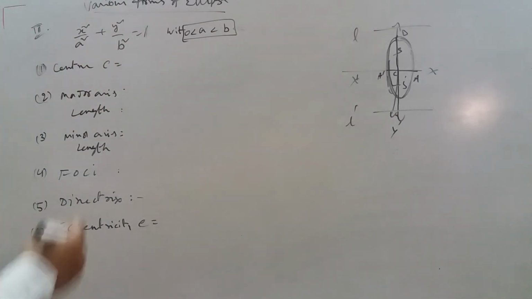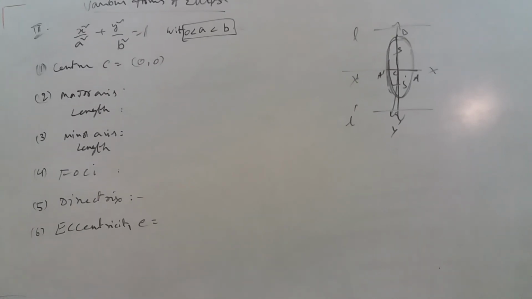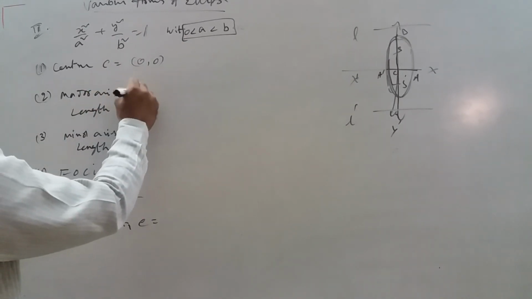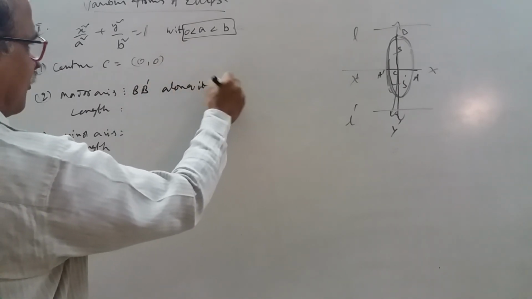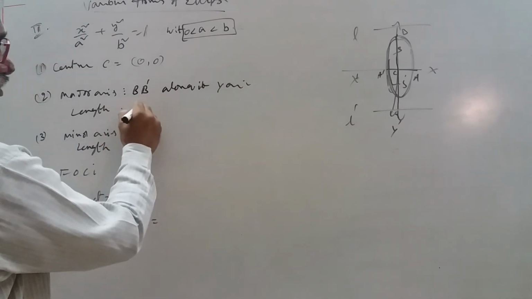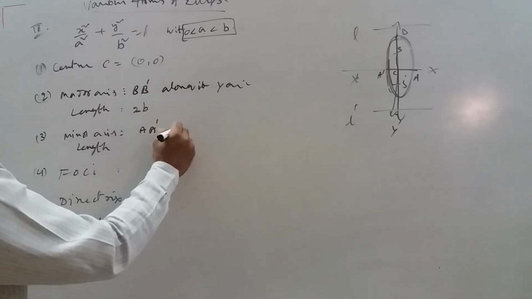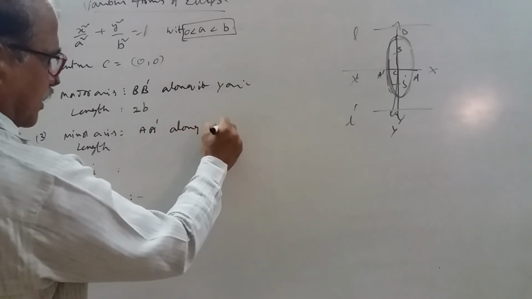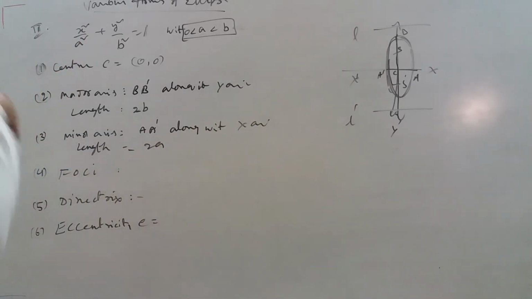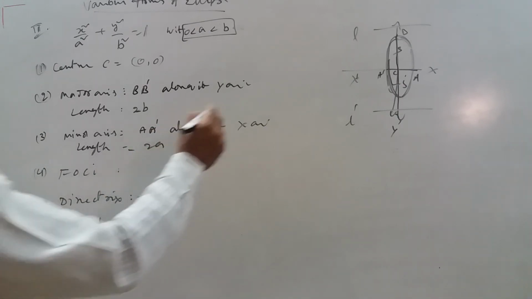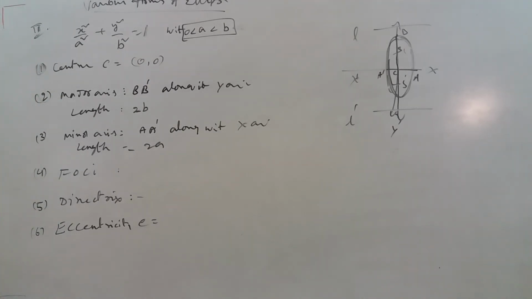Now the center will be the same, (0, 0). Next, the major axis b dash b is along the y axis, with length 2b. Here the minor axis a dash a is along the x axis, with length 2a. If the foci are on the x axis, they are (ae, 0).